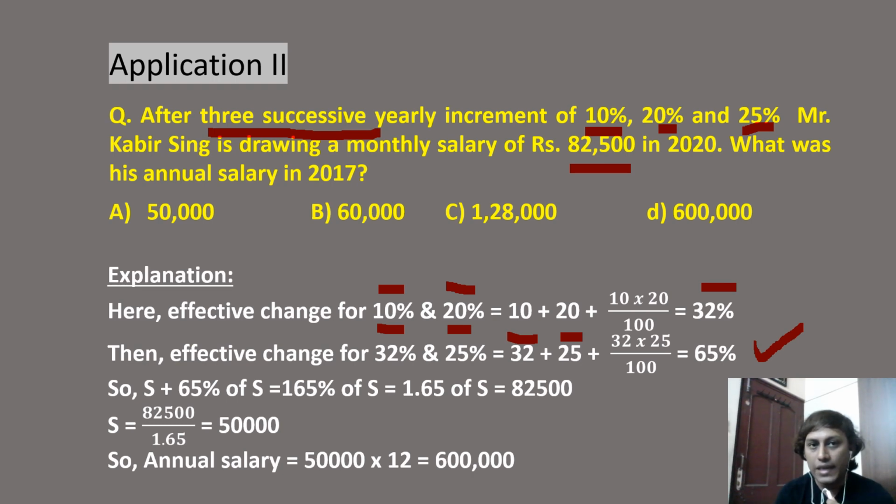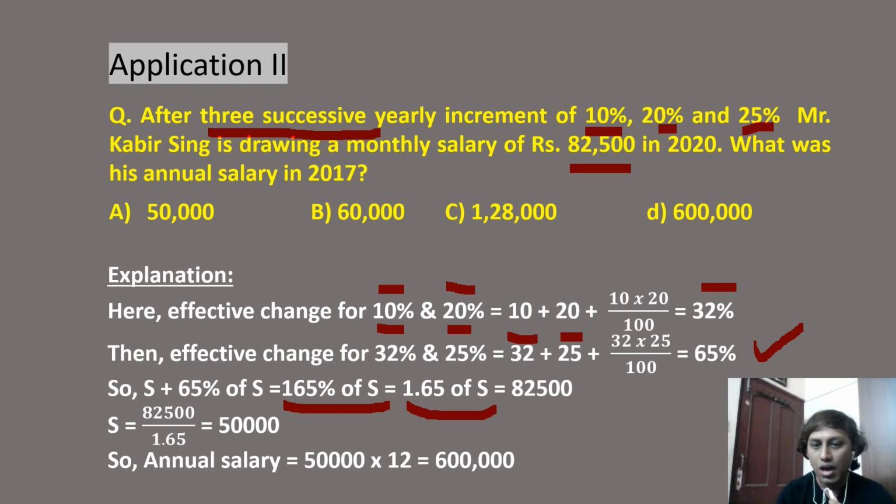So we can calculate any number of changes using this successive method, right? So salary increases by 65%. Previously if it was 100, now it is 165. So we can conclude the new salary is 165% of the previous. That is 1.65 times the previous.